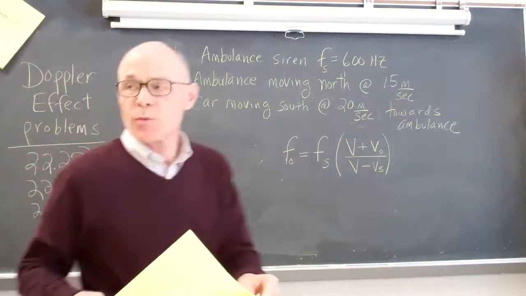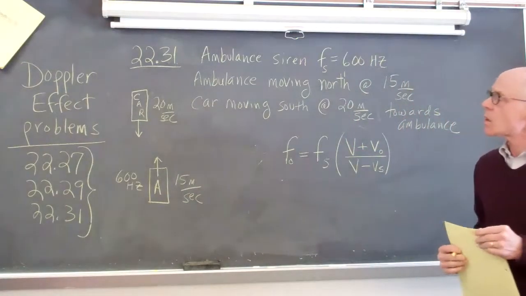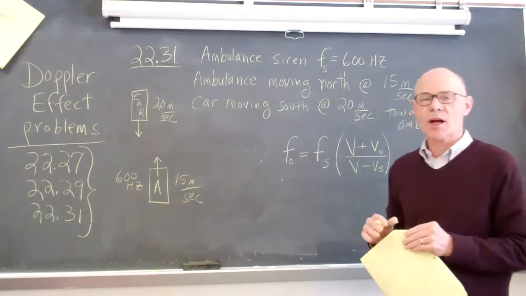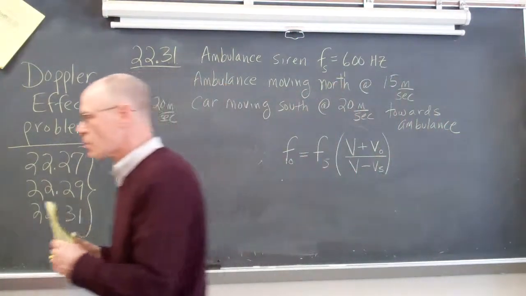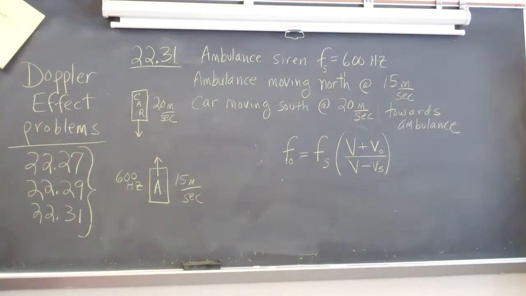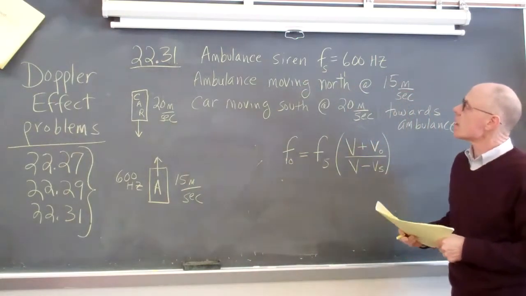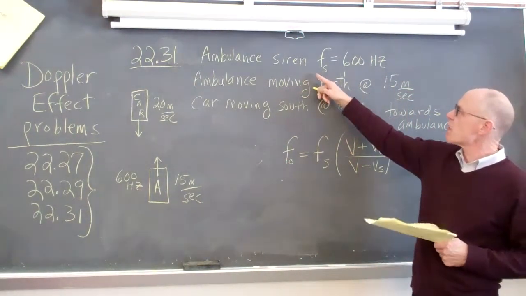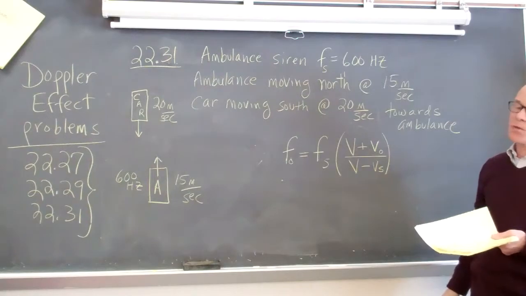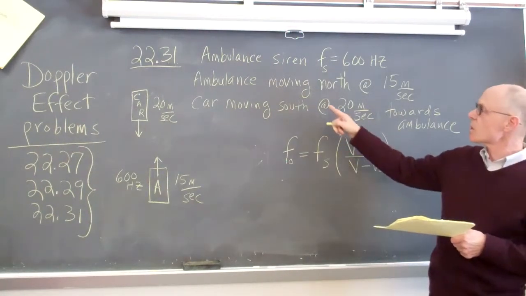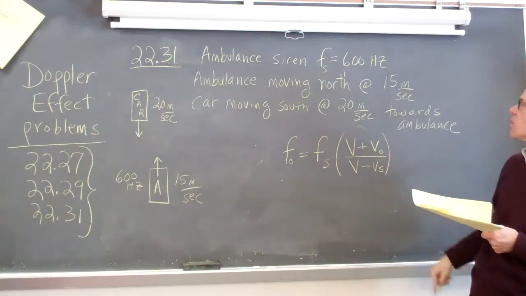All right, here's our third problem, number 31. Only slightly more complicated than the last 2 problems. In this case, you're given an ambulance that is sounding its siren with a frequency of 600 hertz, and the ambulance is moving north at 15 meters per second.